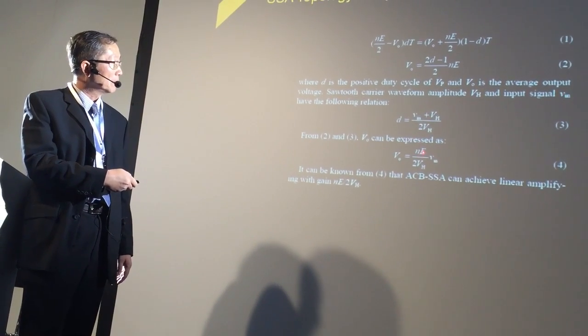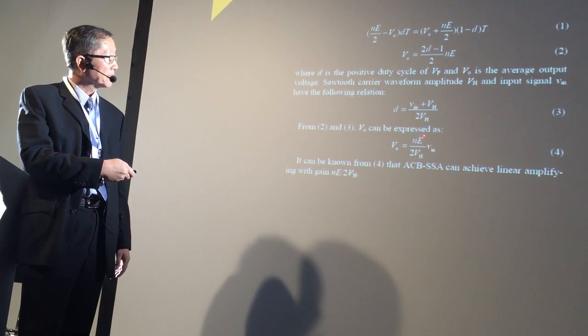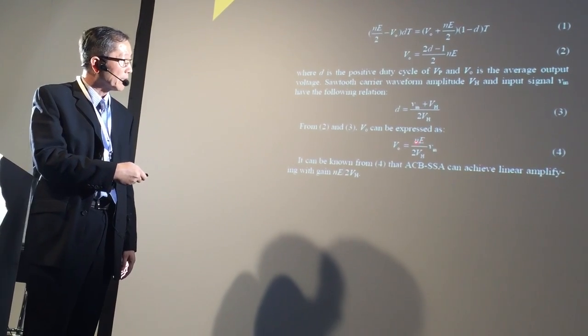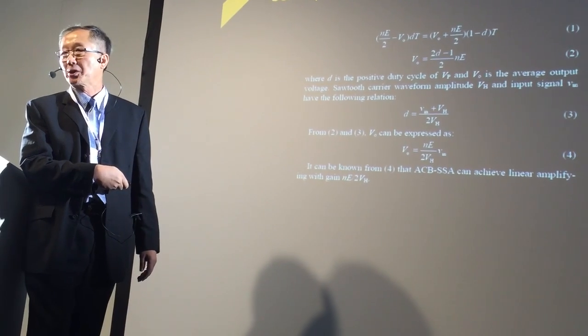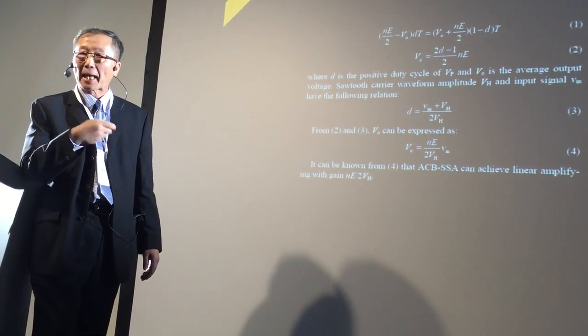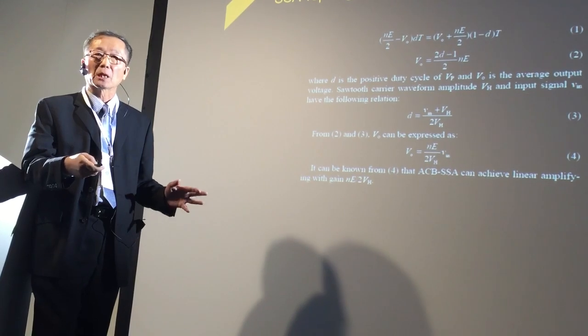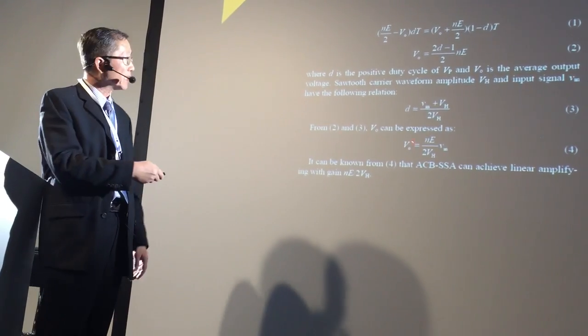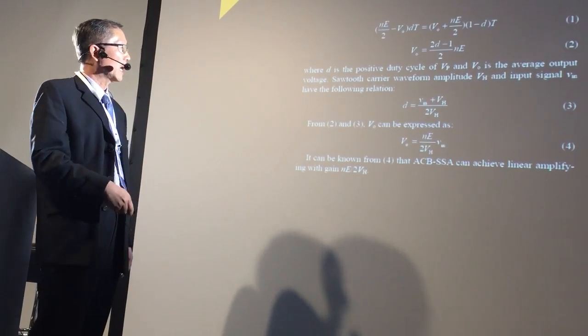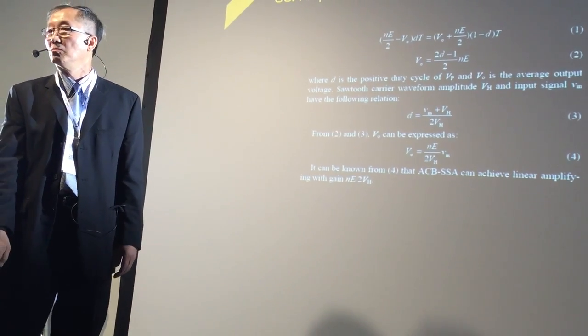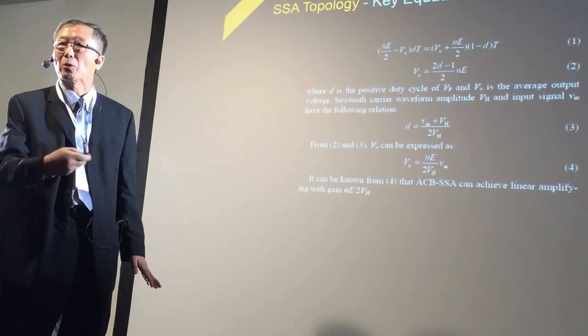Only the DC bus voltage and the high frequency isolated transformer turns ratio determine the gain, and also determine the output power. You see the linear relationship has a very low distortion in terms of error.